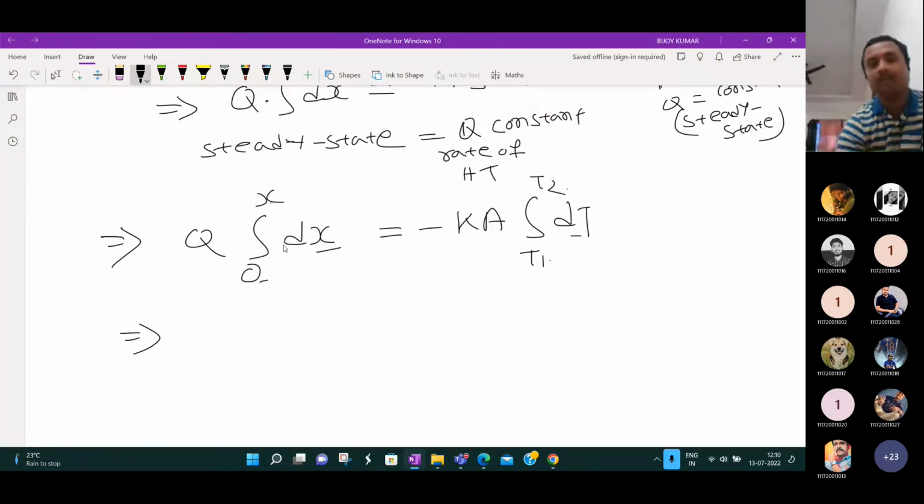Can you do the integration of this one? Anyone? What will be the integration of this one?